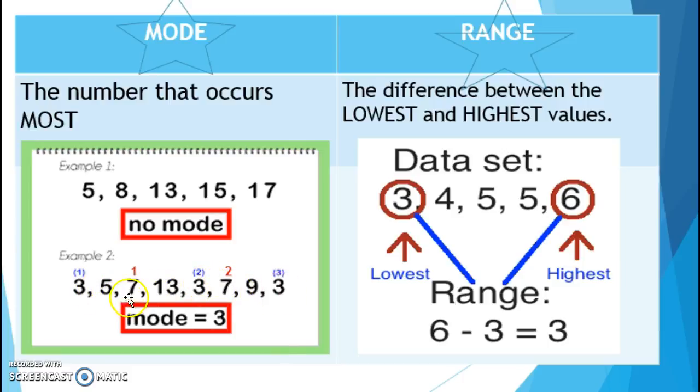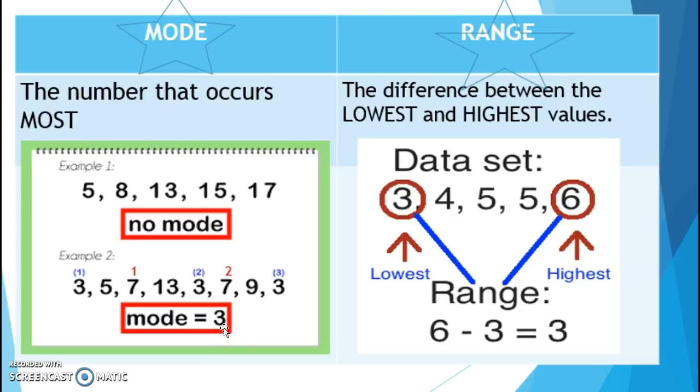Well, I heard the number 7 repeated. Here's one number 7. If I follow along, oh, there's number 2, 7. They occur 2 times. If I look at my 3s, I've got 1 3, 2 3s, 3 3s. Well, 3 is more than 2. So the mode is 3.